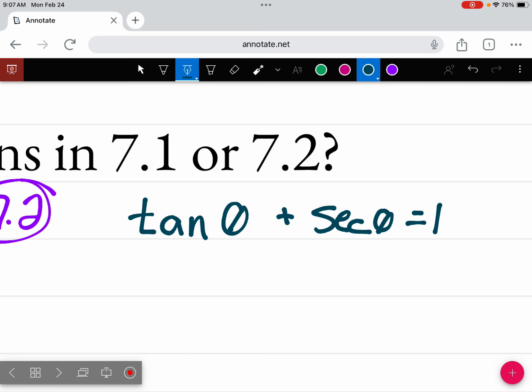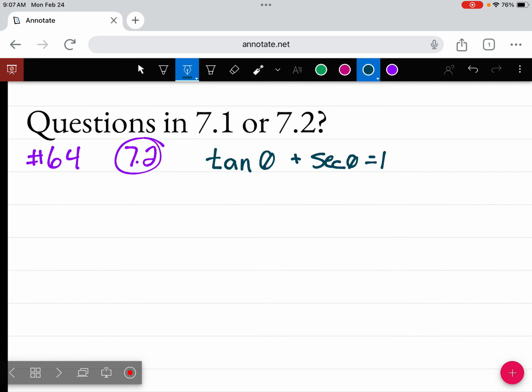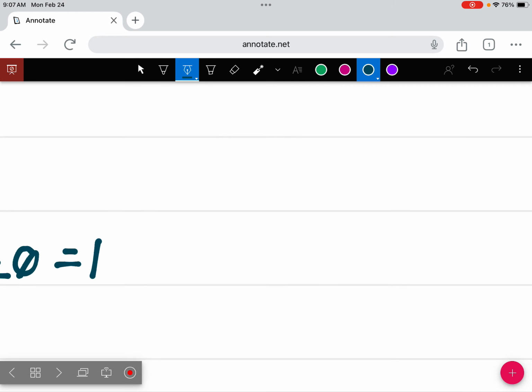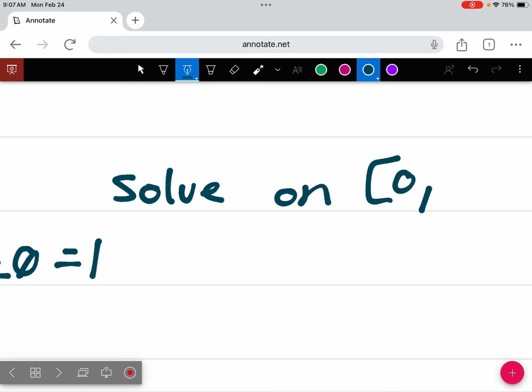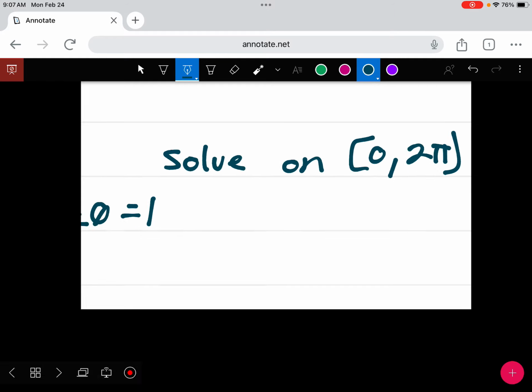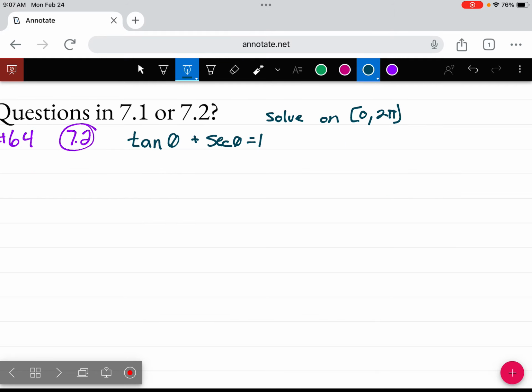And that should be a solve on the interval. I think. Let me see. So we're on solve on 0 to 2 pi. So that's what we're looking for. We're looking at our unit circle.